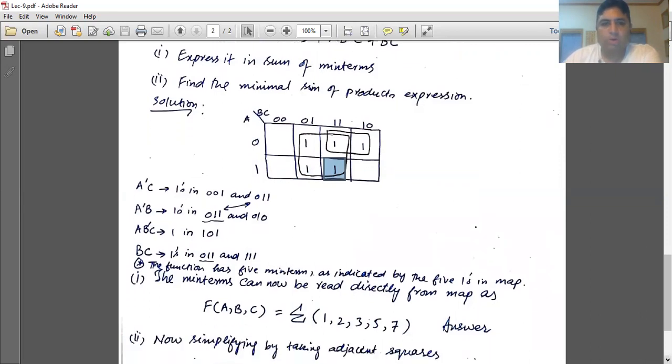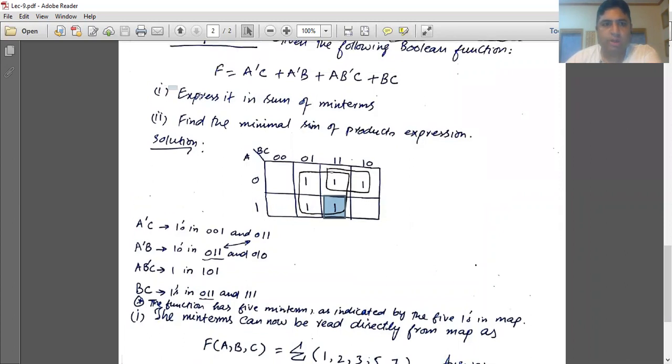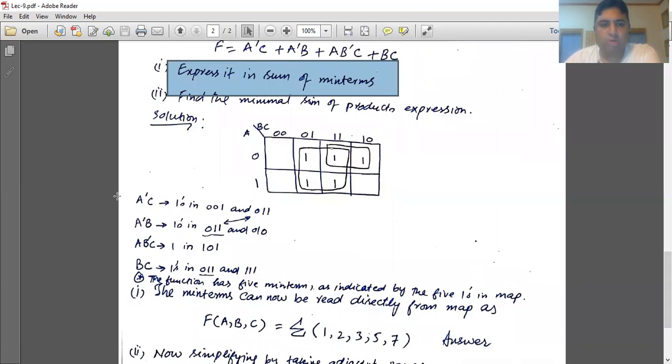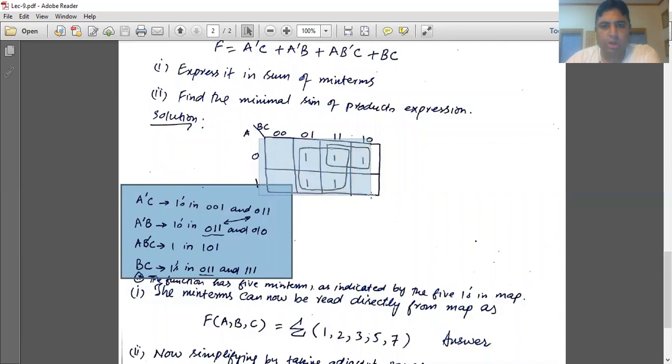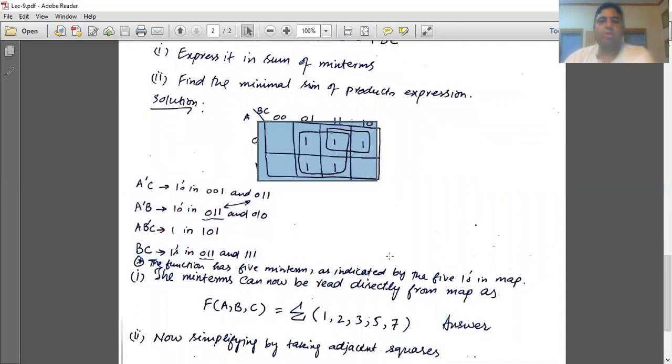Okay, now the first thing he has asked you is to express it in sum of minterms. We have put all the ones required in this function, in this K map. Now we can read this directly. Basically, we are doing the reverse process.